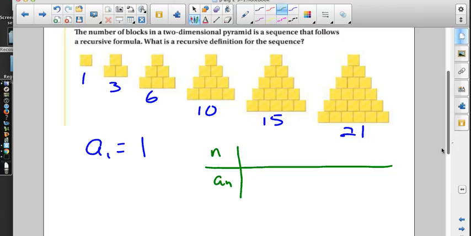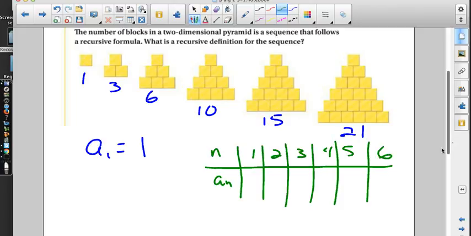And we've got 1, 2, 3, 4, 5, 6 of them here. And we're going to put those numbers for the number of blocks that we got below it. And we're going to look at our table and see if we can't figure out some way to give them a formula that involves n that would crank out these numbers.